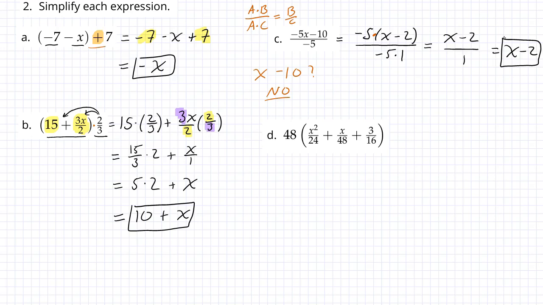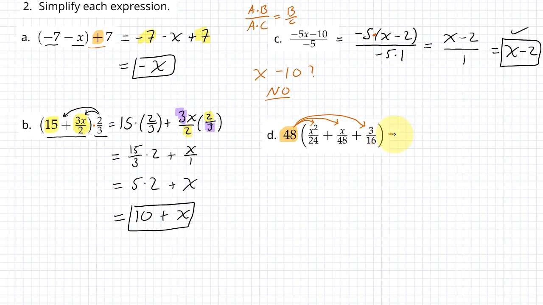Okay. And that's what that is. So now let's take this 48 here and distribute that into these terms, because you have 48 being multiplied by 3 terms. You need to multiply it by each of them using the distributive rule.